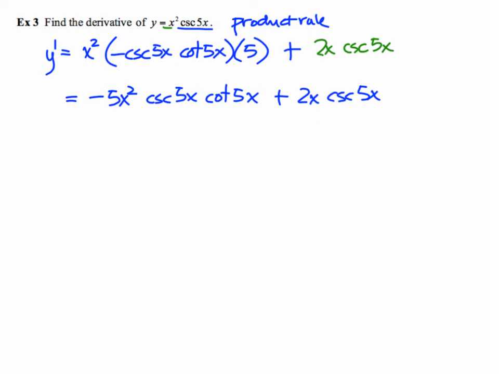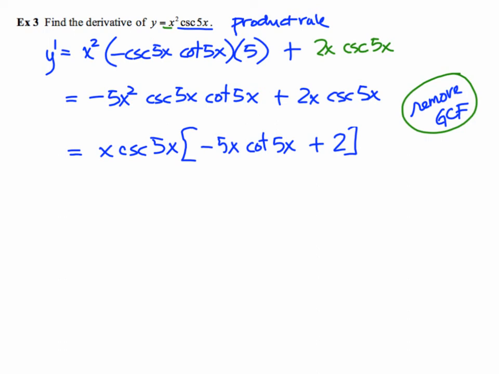And I also have an x that's common as well. So between the x squared and the x, I can take that out as well. So my GCF is x cosecant 5x, and what I'm left with in brackets is negative 5x cotan 5x plus 2.